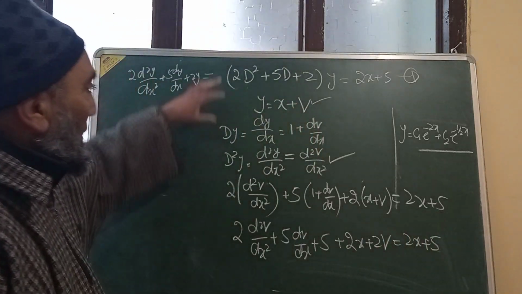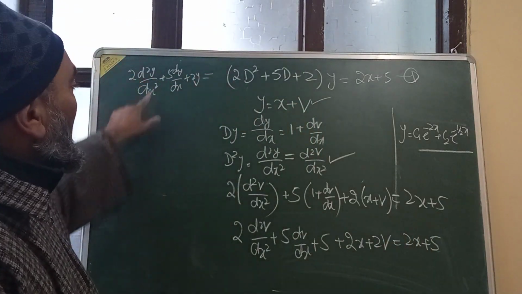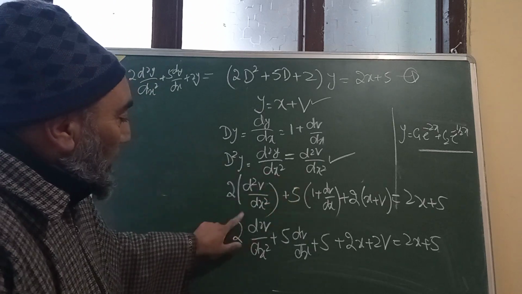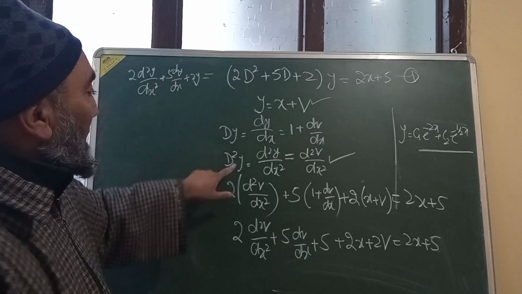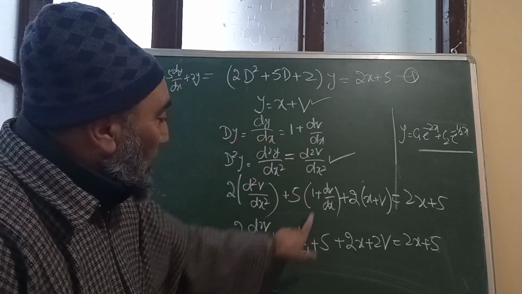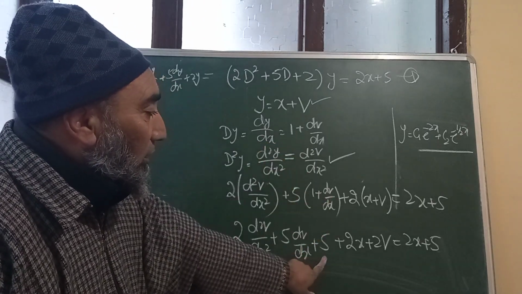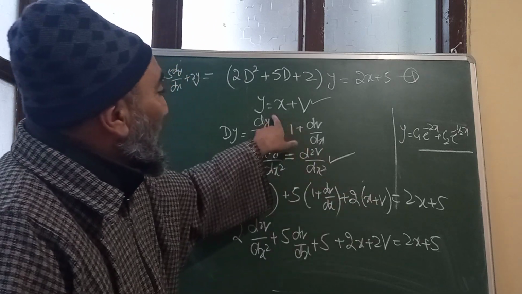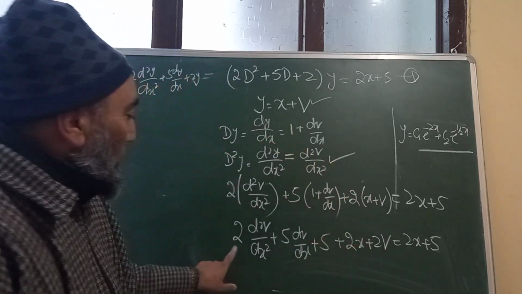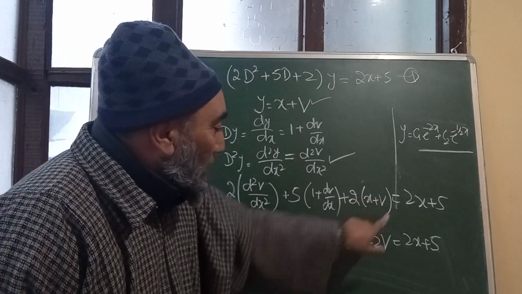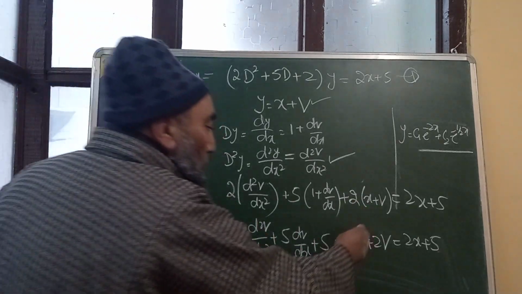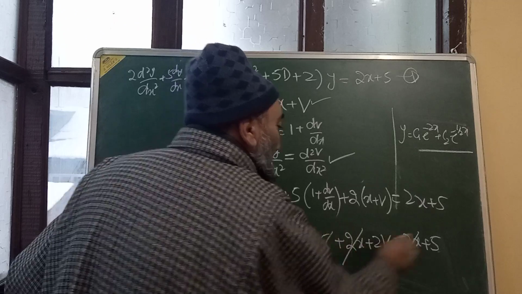You see, this is 2 d2v by dx2 which is replaced by this one, 5 dy by dx, this is 1 plus dv by dx, 5 into this is this. Then 2y is x plus v. So 5 times this, 5 times this, 2 times x plus v. See, 2x cancels, 5 and 5 go.